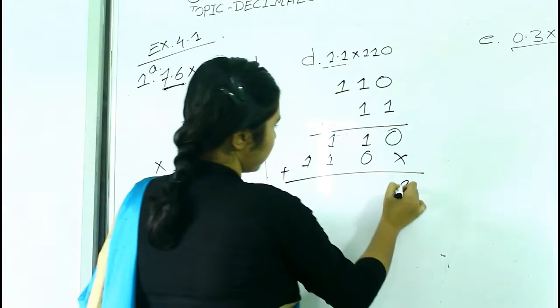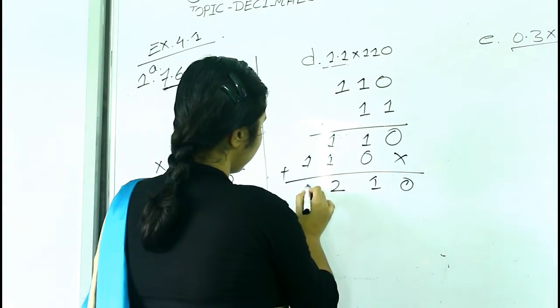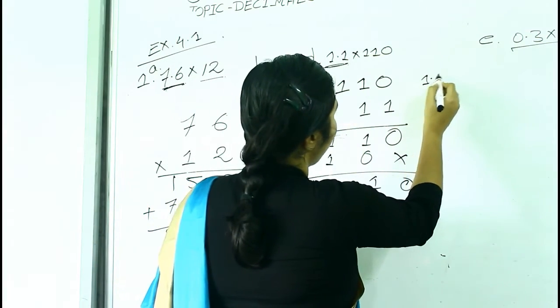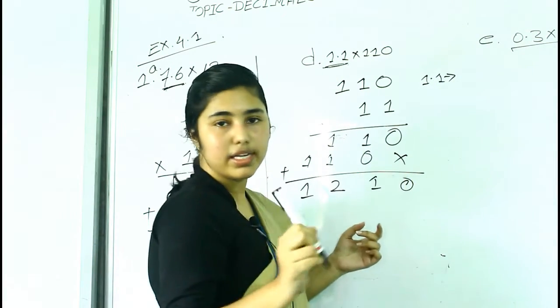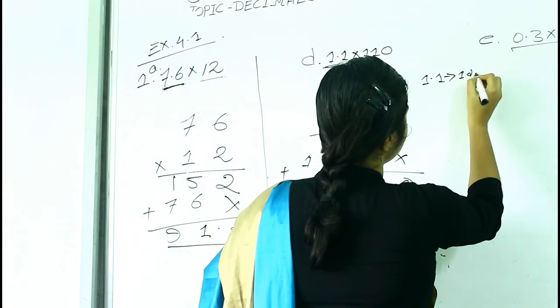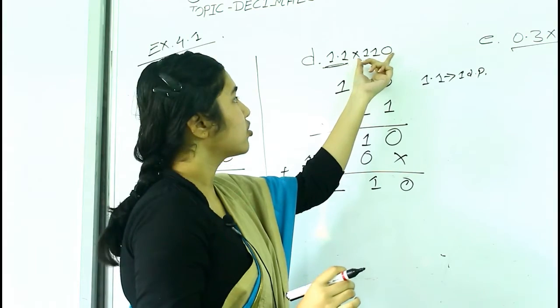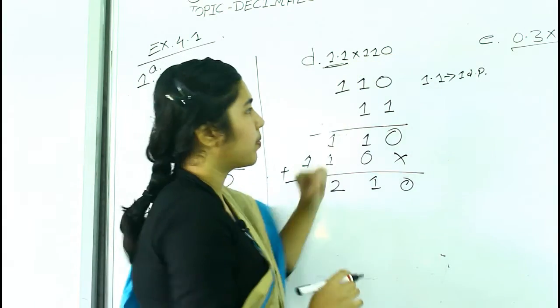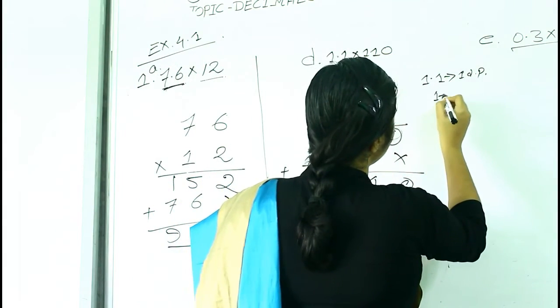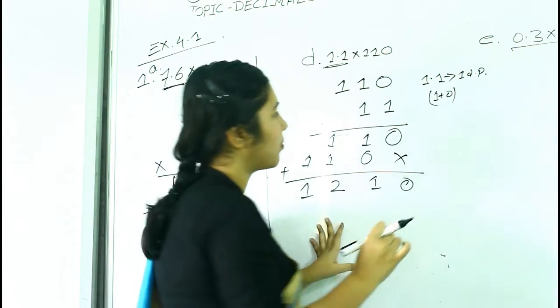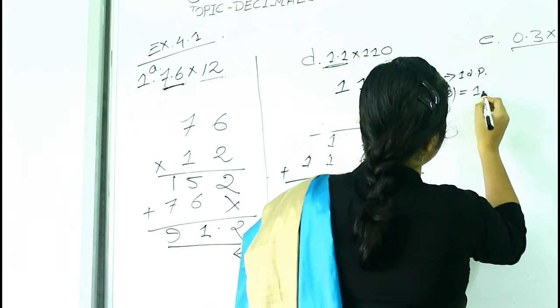Now add: 0, 1, 2, 1. Now look at this number. 1.1 has 1 decimal place, and 110 is a whole number, so it has 0 decimal places, which means 1 plus 0, the total number of decimal places is 1.